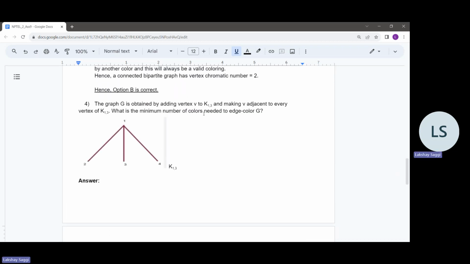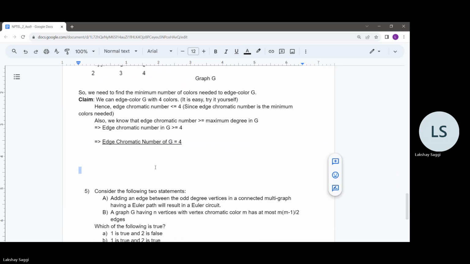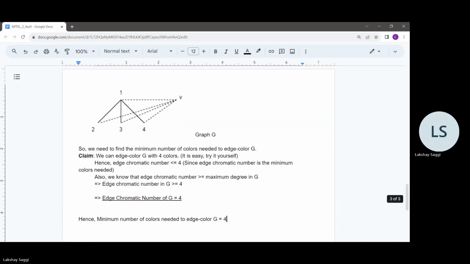So the minimum number of colors needed to edge color G is equal to 4. Hence, the minimum number of colors needed to edge color G is 4. So this is my final answer.